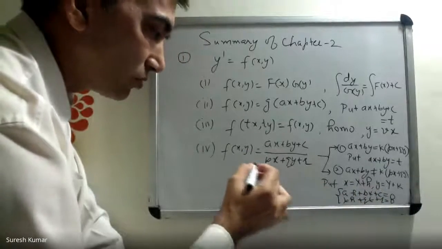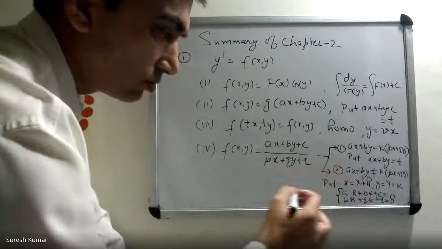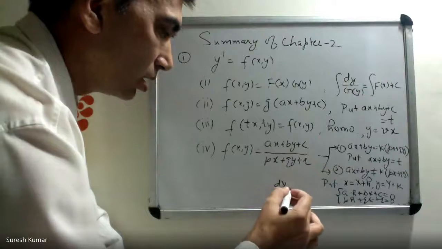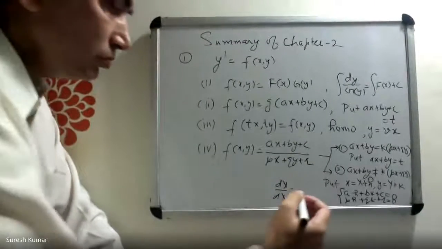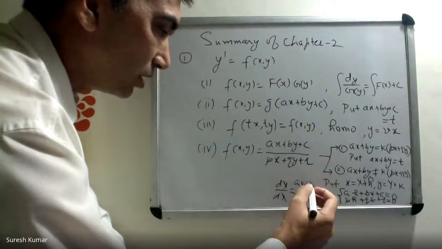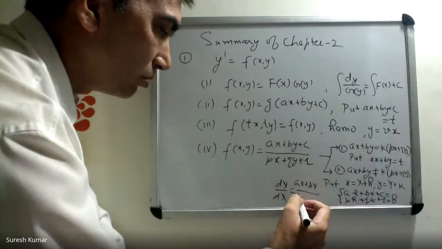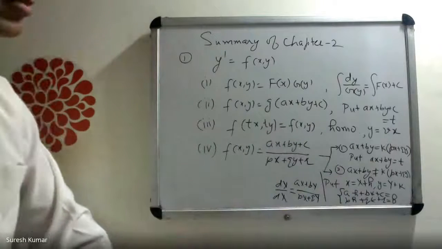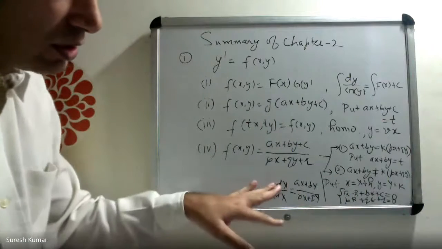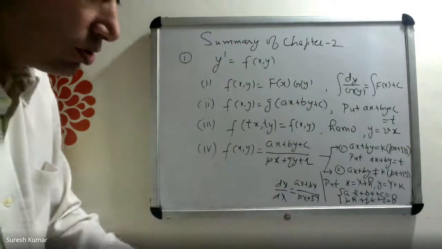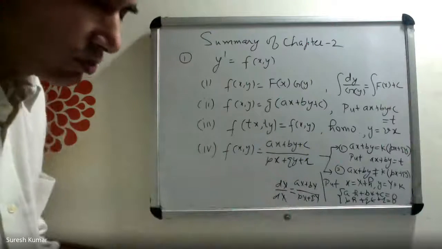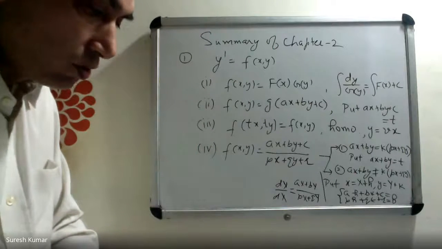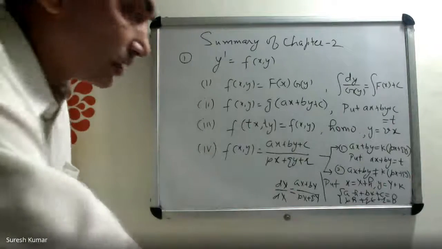Finally, the equation transforms to dY over dX equal to (aX plus bY) over (pX plus qY). Okay, so in this form it's homogeneous and you can solve it. Finally, substitute back your values of capital X, capital Y. So these are four cases depending on the form of f(x,y) that we have done.